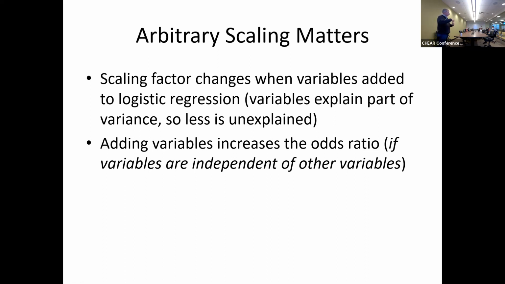If you add more variables, unless they are completely unrelated to the outcome, they will soak up some of the variation, leaving less unexplained. And it turns out, and I'll show you how this works in a moment, that when you add variables and they explain part of the variation in the dependent variable, that will end up increasing the odds ratios, even if those variables are independent of the other variables in the model.